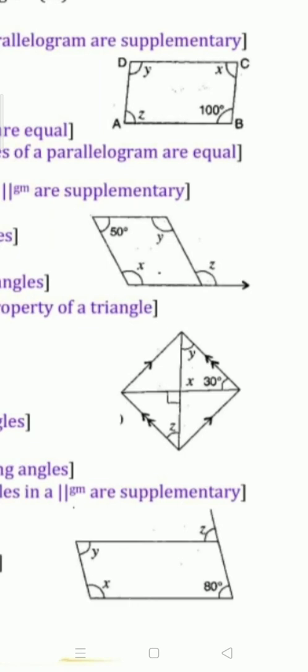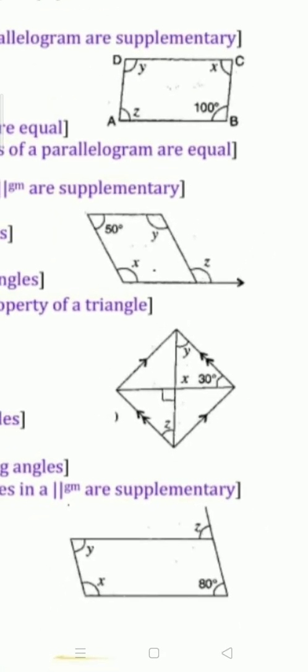Now what you need to find is z. Now kids, can you see the double arrows on both lines over here? Where double arrows are there, both are parallel lines. If you take the line where y is as a transversal, what will you get, kids? y is equal to z. The reason will be alternate interior angles.